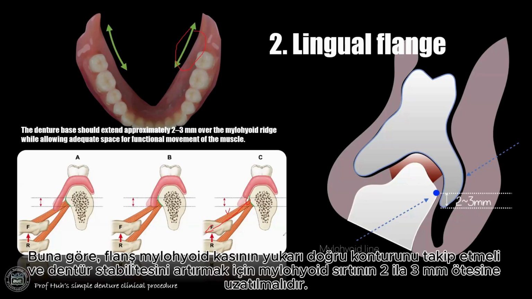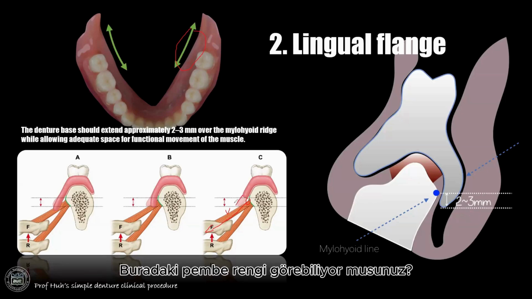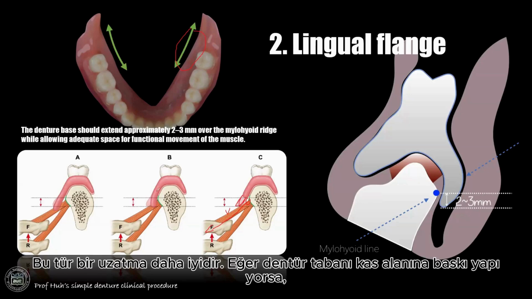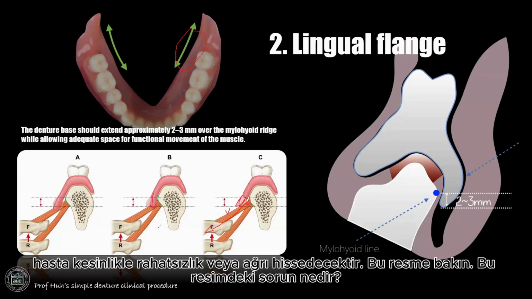Accordingly, the flange must follow the upward contour of the mylohyoid muscle and be extended 2 to 3 millimeters beyond the mylohyoid ridge to improve denture stability. Can you see the pink color over here? That kind of extension is better. If the denture base impinges on the muscle area, definitely the patient will feel discomfort or pain.